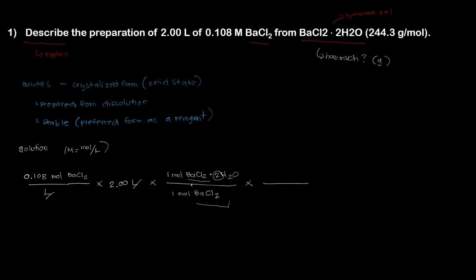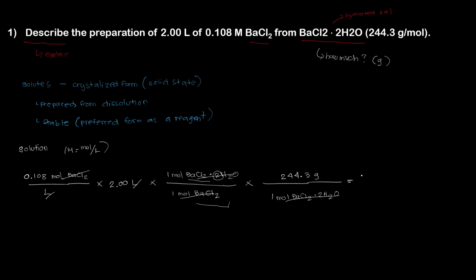Okay, now we can cancel the mole of BaCl2. Now we can focus on the hydrated salt form. So 1 mole of BaCl2·2H2O, using the molar mass, we have 244.3 grams. Okay, now we can cancel the mole of BaCl2·2H2O, and we are left with a mass.